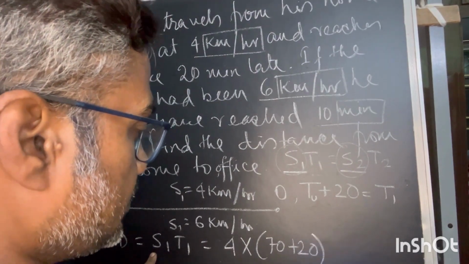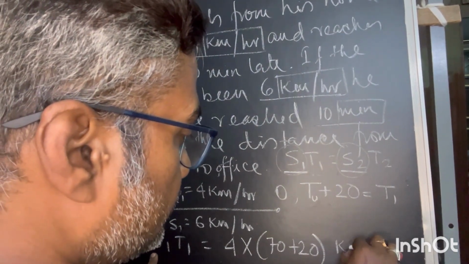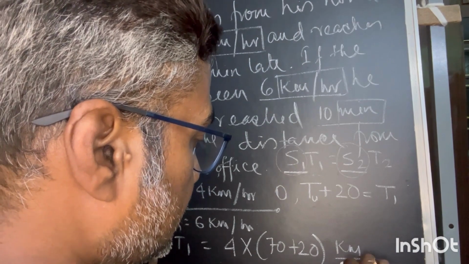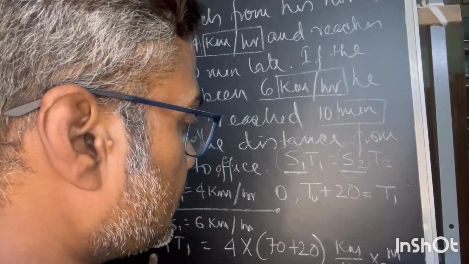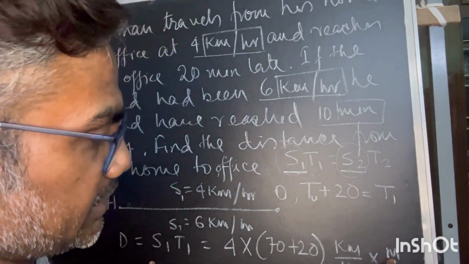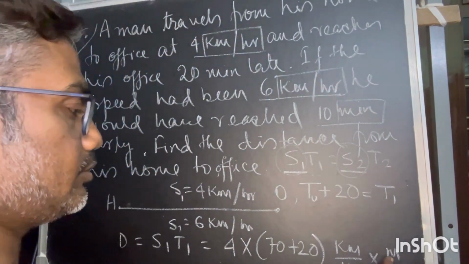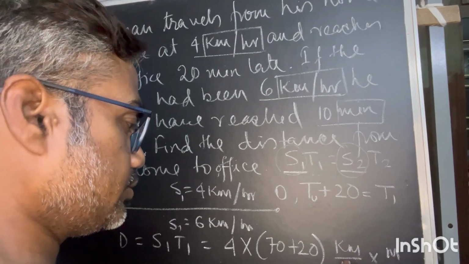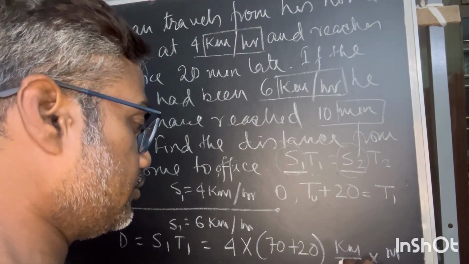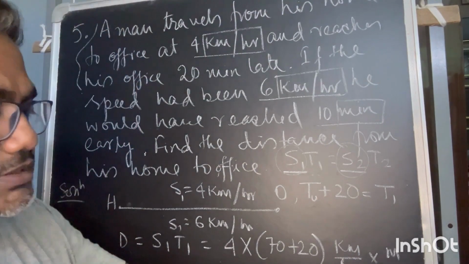That was the equation, and here the unit is kilometer per hour into time unit in minute. Now if you write units side by side, you will automatically be able to know where you need the change.